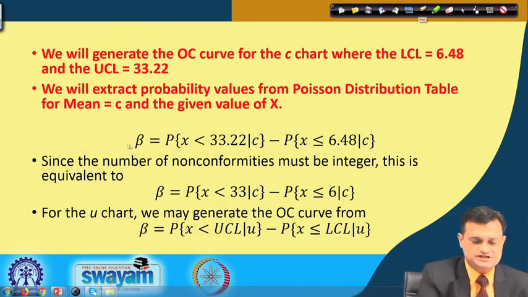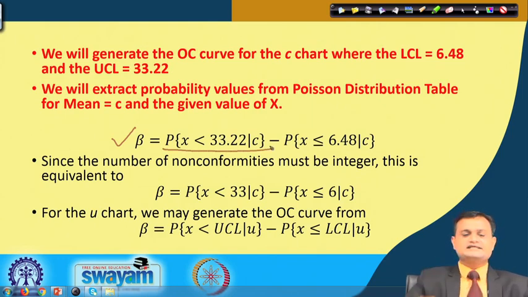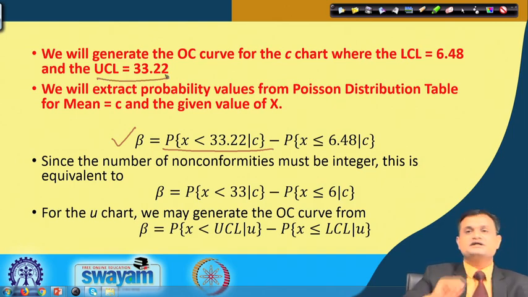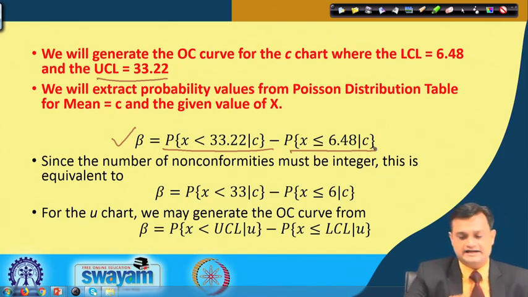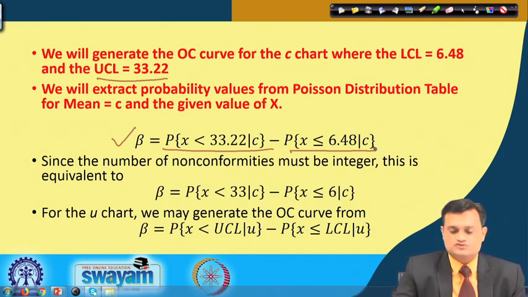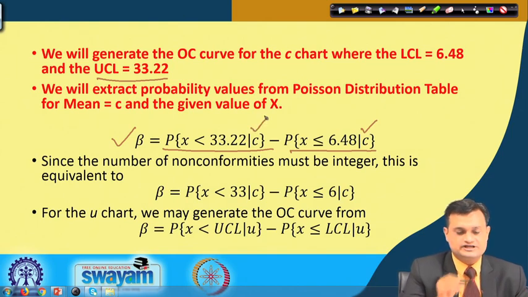Let us say for beta I want to compute probability that x is less than 33.22, because UCL is 33.22, minus probability x is less than or equal to 6.48, and I want to compute this for a given value of C. So, you have LCL 6.48.